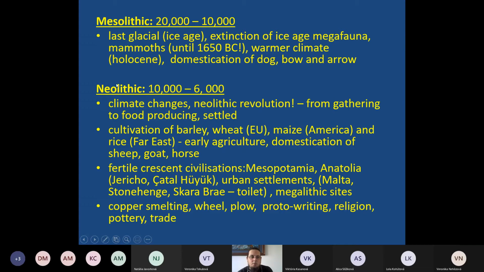Neo means new, meso means middle, and they moved from gathering and hunting to food production, and they settled down. Because if you hunt, you have to migrate and follow the flocks of mammoths and buffaloes and antelopes. So you have to settle down at good farming land with fertile soil where you can grow crops.